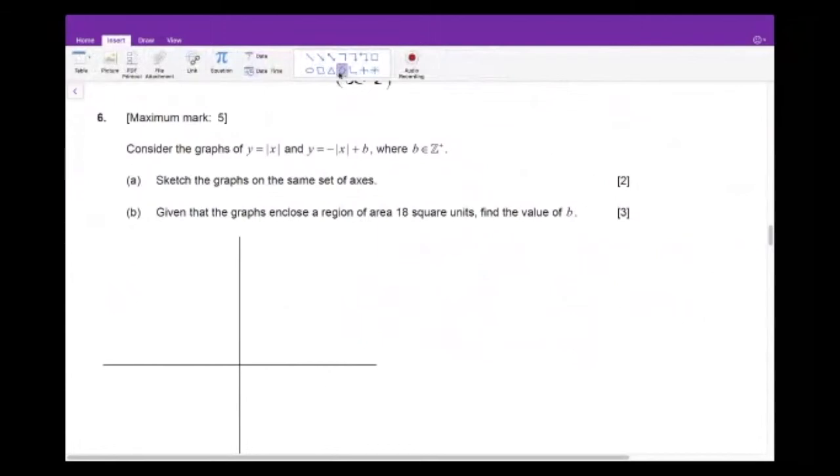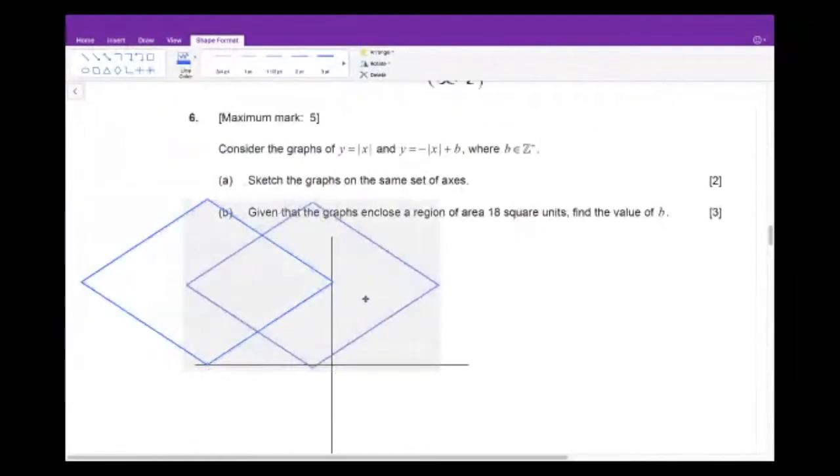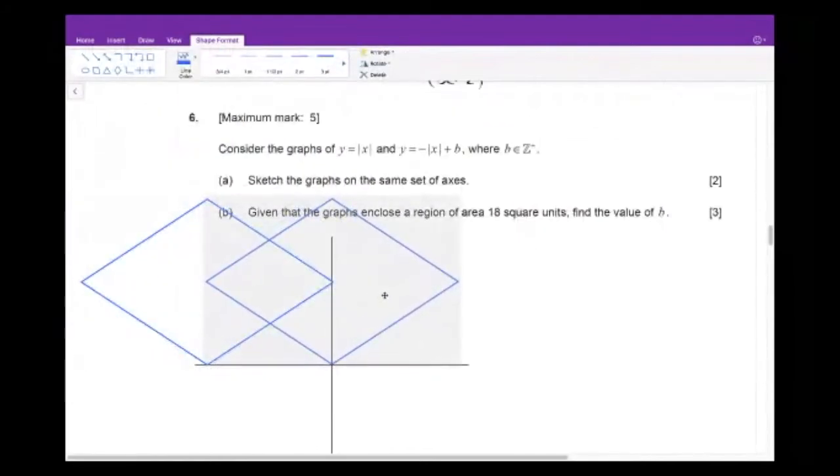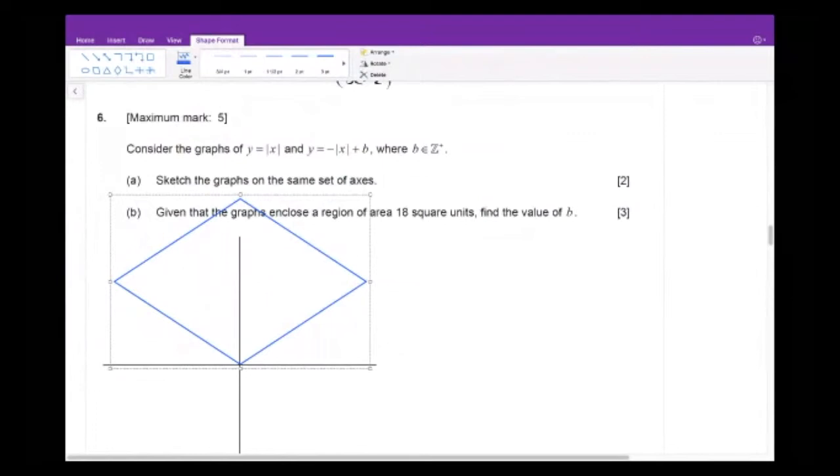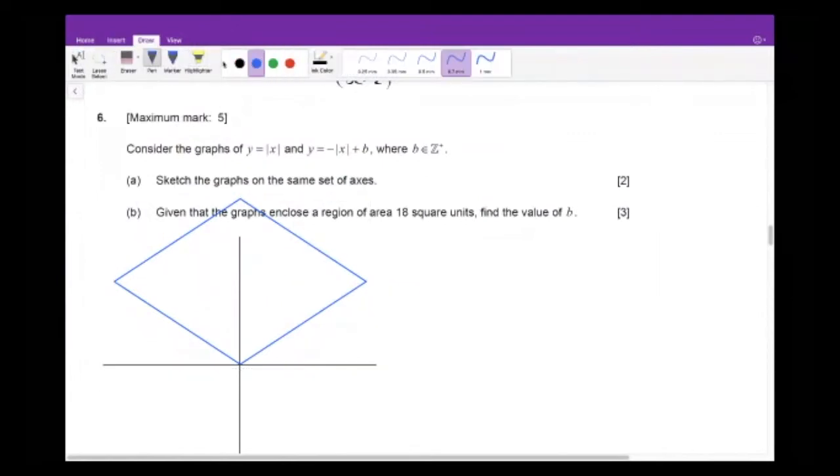So what I'll do is I'll hopefully shortcut my way to a nice sketch of it. So if I do this, and then rub out some of the parts. Just like that, okay? So this here would be our modulus of x graph.